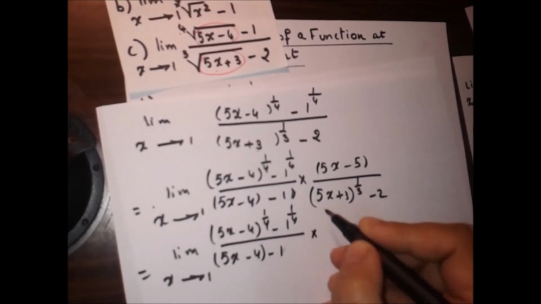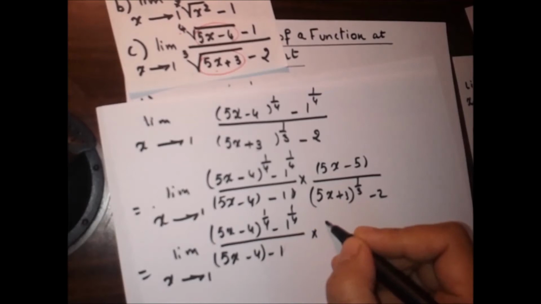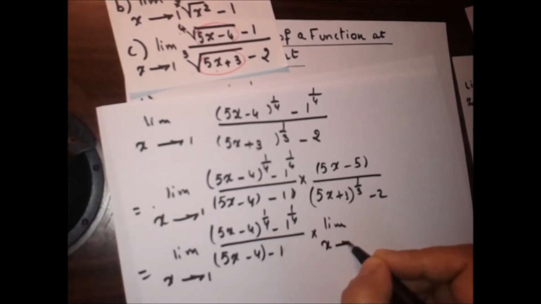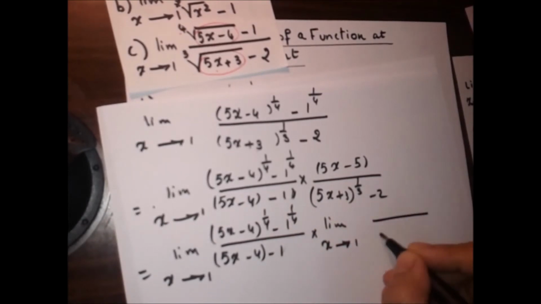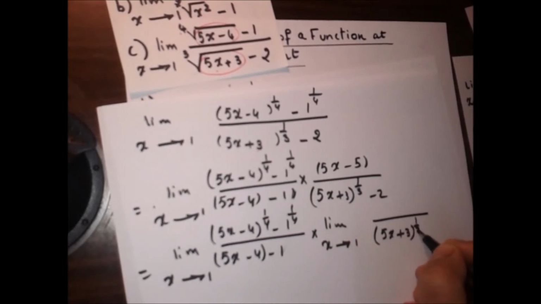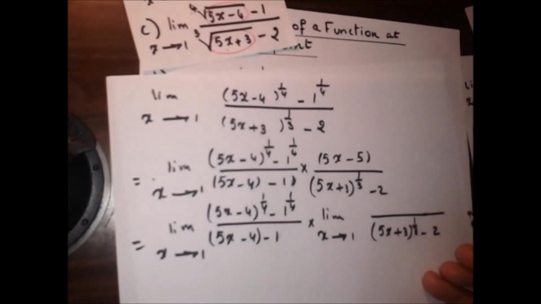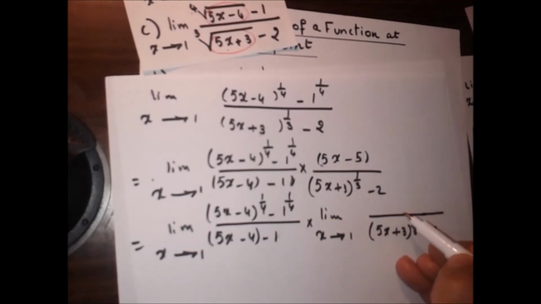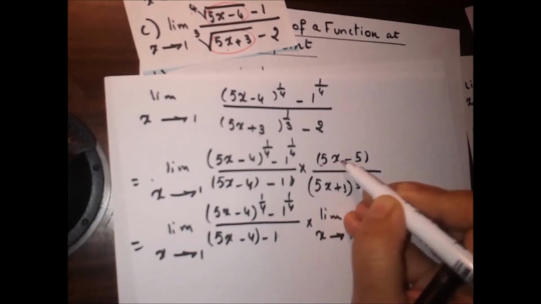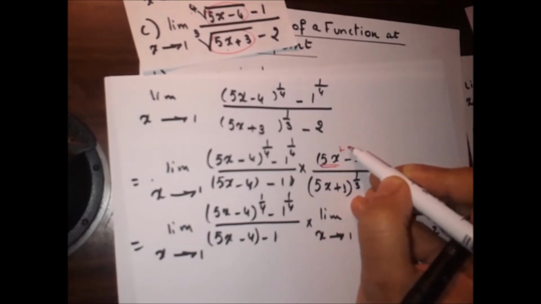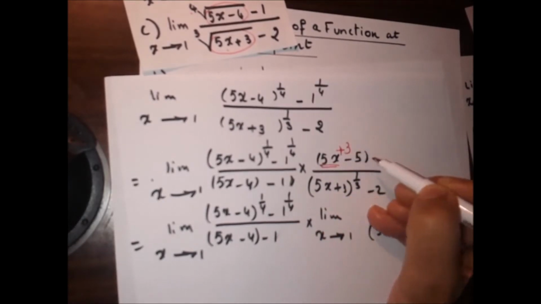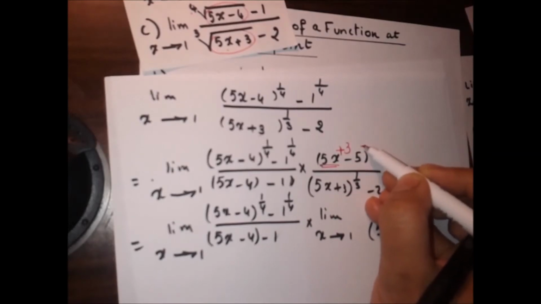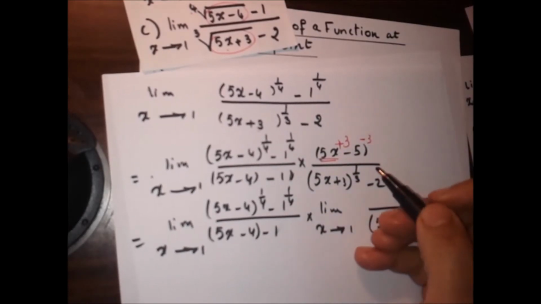For the second part, just multiply by limit as x tends to 1 of, down, 5x plus 3 to the power 1/3 and minus 2. For the numerator, we need to rewrite this as 5x plus 3. So we need to add 3, and if we add 3, we can just subtract 3 to cancel this change.